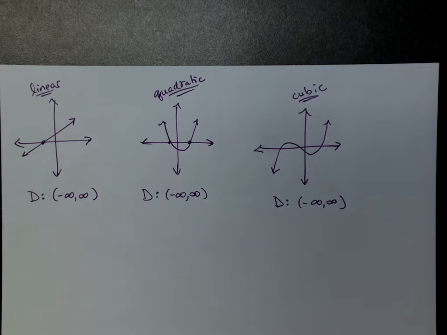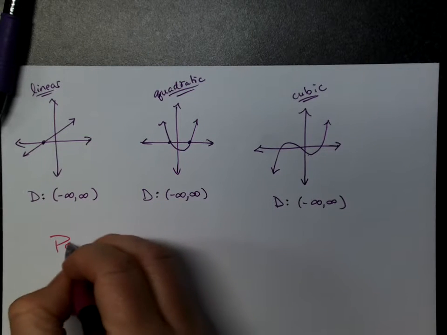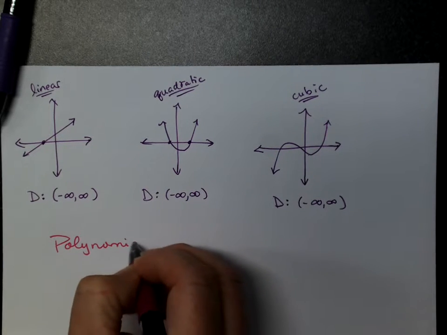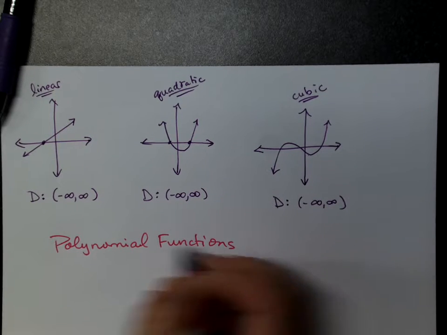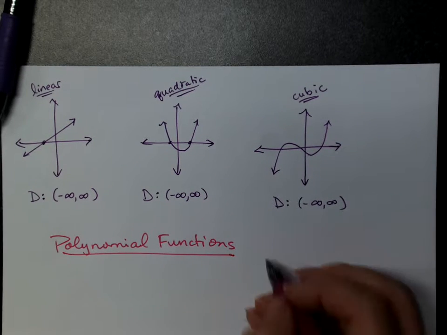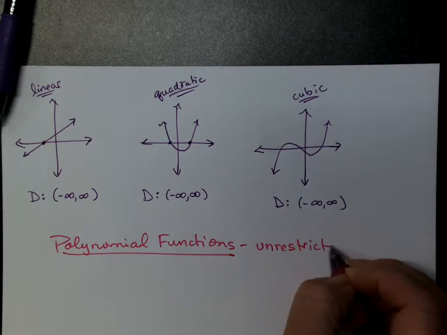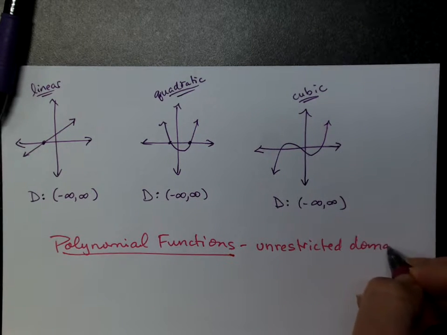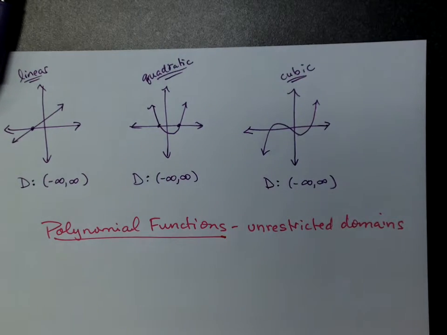Okay? So these are all polynomial functions. And one of the understandings of polynomial functions is that they have what's called unrestricted domains. Unrestricted domains.